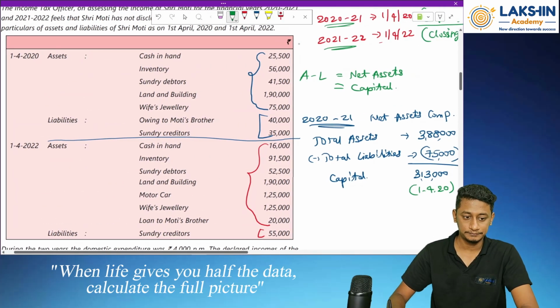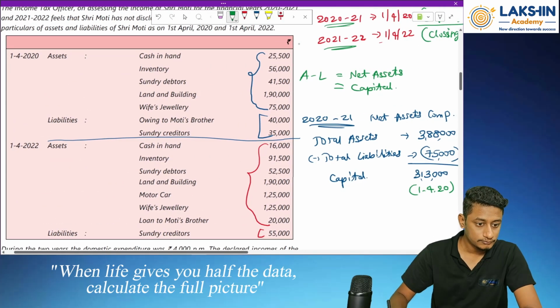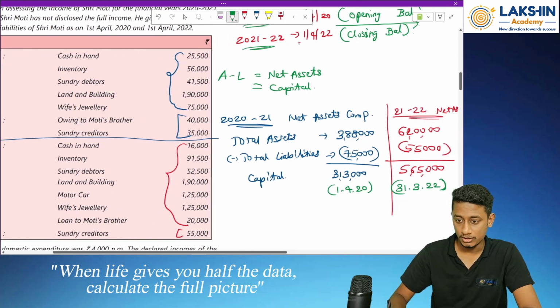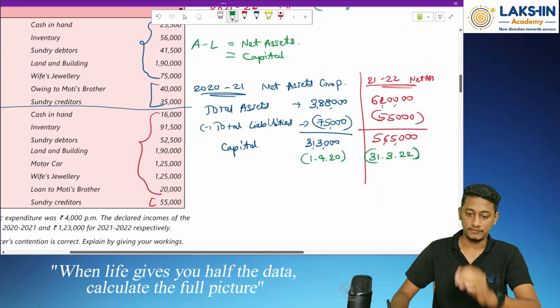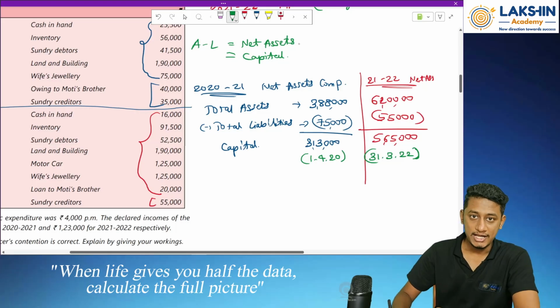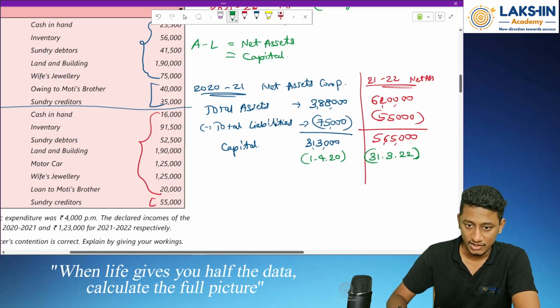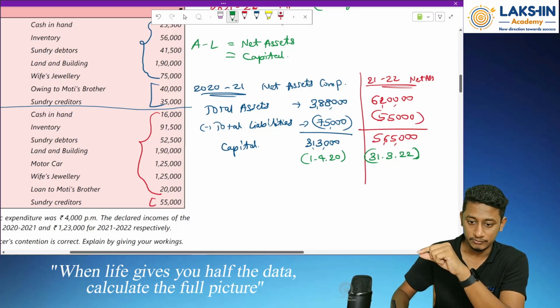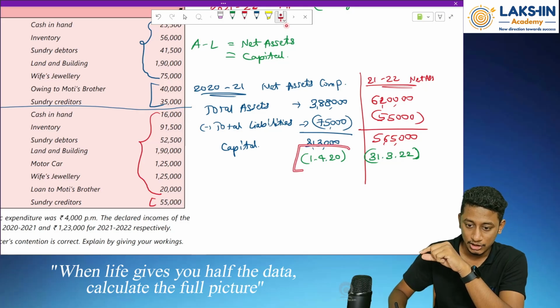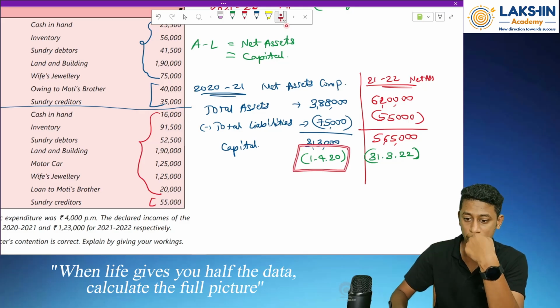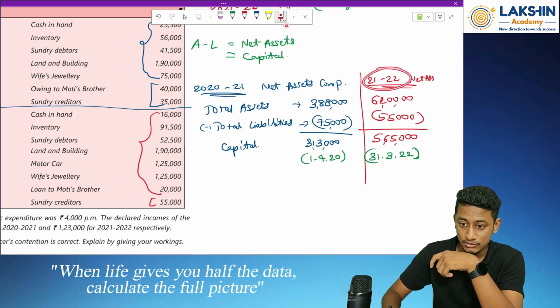Yes. Now these two are given to us. Okay. Now what has happened? See, in between a single year, basically this year's closing value of capital is not given. So basically this financial year's opening capital we don't know.